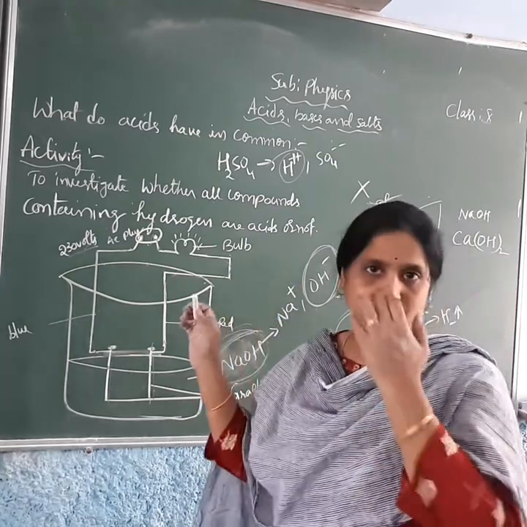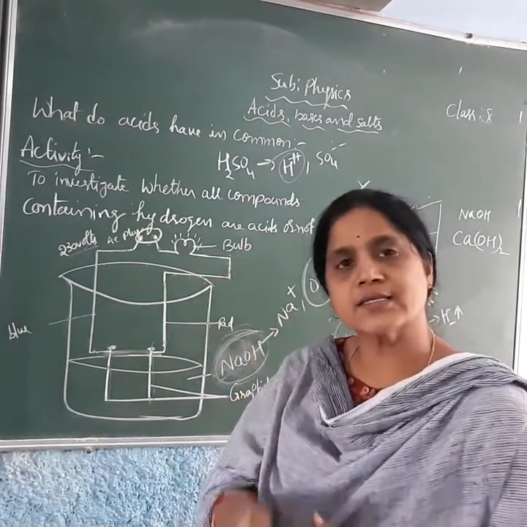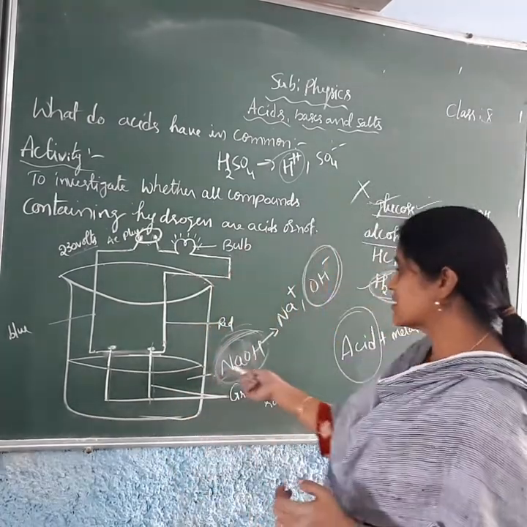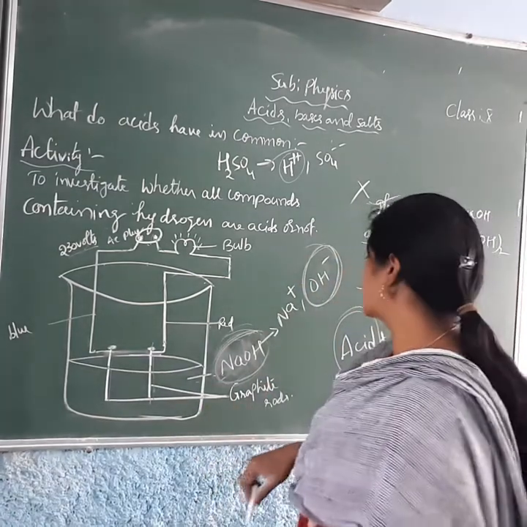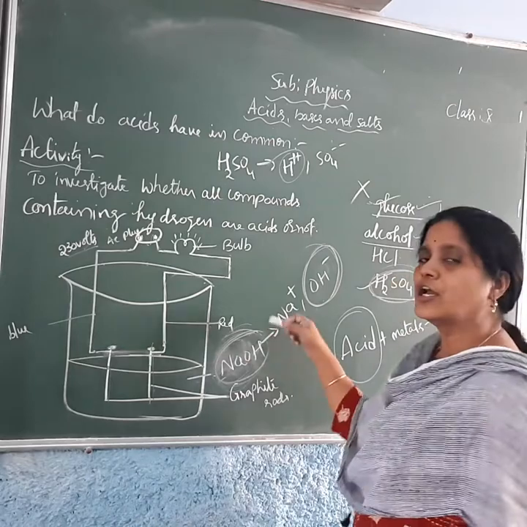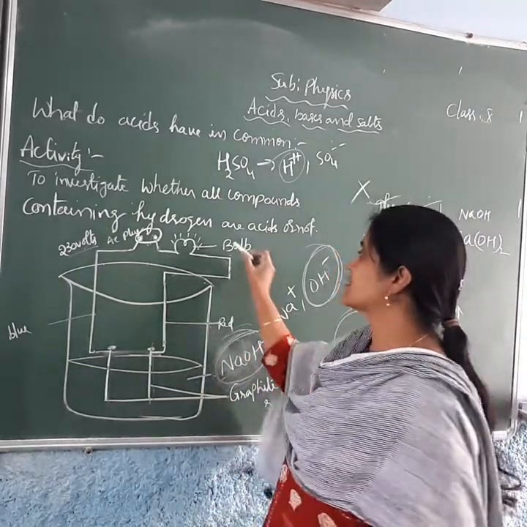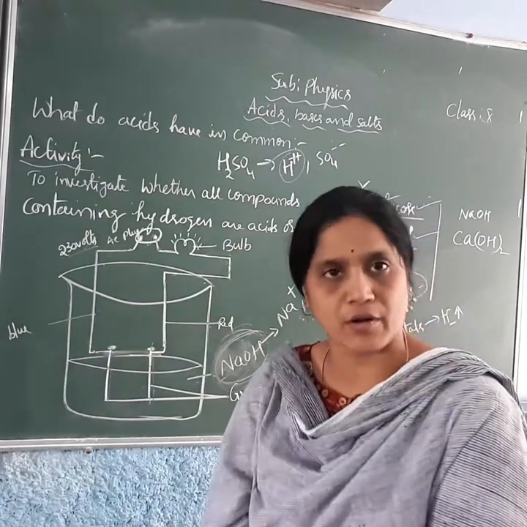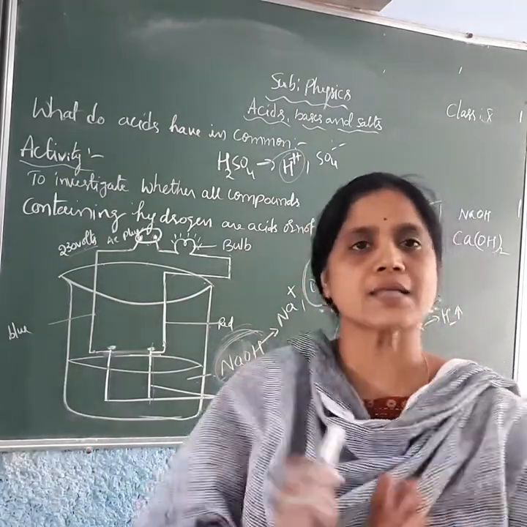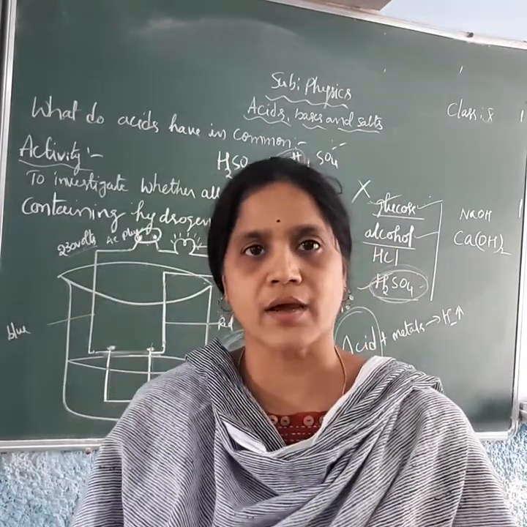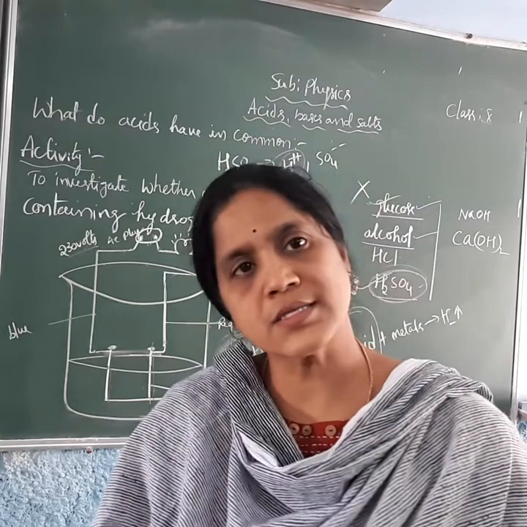Acids contain H plus ions, and bases contain OH minus ions. You can take any base and find out whether in all cases the bulb is glowing or not. So from this activity, we came to know that all acids contain H plus ions, and all bases contain OH minus ions.